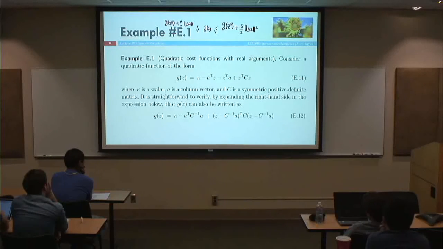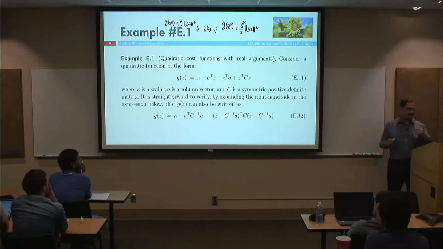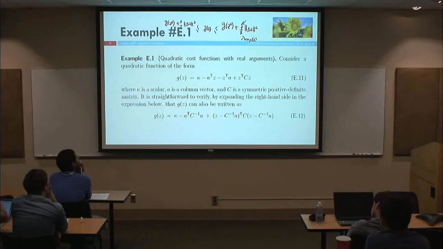That's what we showed before. This delta is lambda max of 2C, which is 2 lambda max of C. So delta over 2 here will be replaced by lambda max of C. And similarly, nu over 2 will be replaced by lambda min of C. Right? Those are the calculations in this example.